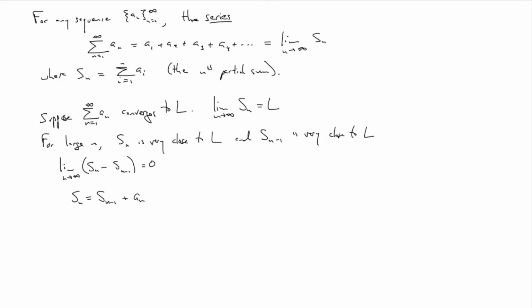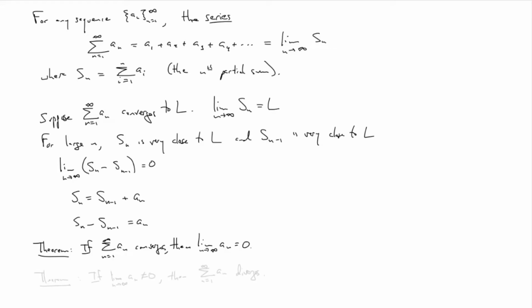But what is the nth partial sum? Well, it's the n minus 1th partial sum plus one more term, in particular the term a sub n. Or, applying a little algebra, the nth partial sum minus the n minus 1th partial sum is just the term a sub n. And putting all this together gives us this theorem that if the series sum n equals 1 to infinity of a sub n converges, then the limit as n goes to infinity of the terms a sub n must be equal to 0.